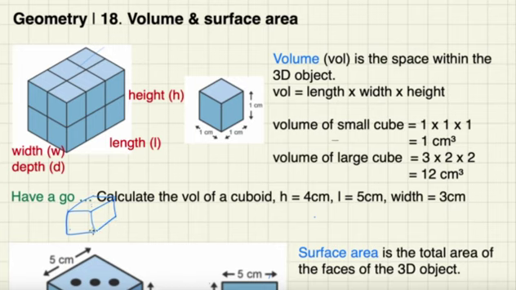That's what a cuboid might look like. The height is 4 centimeters. The length is 5 centimeters. And the width is 3 centimeters. With this information, we can work out the volume.